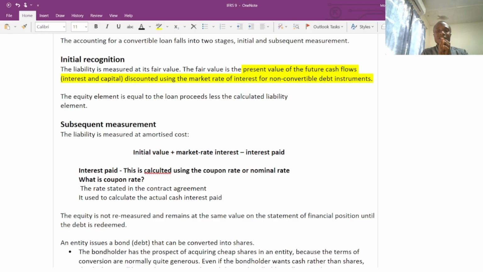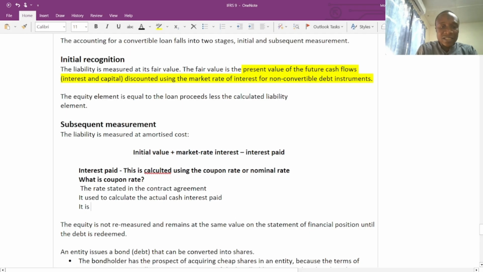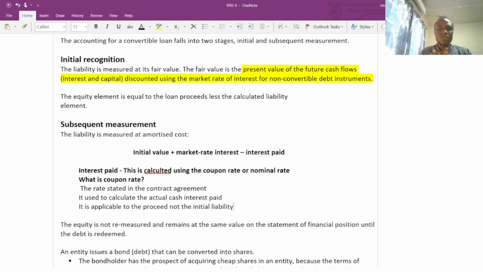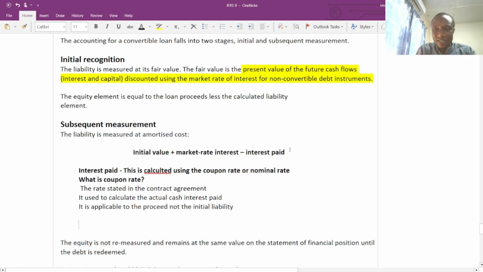The actual cash interest paid will be calculated using the coupon rate, and it is applicable to the proceeds, not the initial liability. Very important concept. When we are going to apply the coupon rate or the nominal rate, we are going to apply it to the proceeds, not the initial liability. So very important concept.